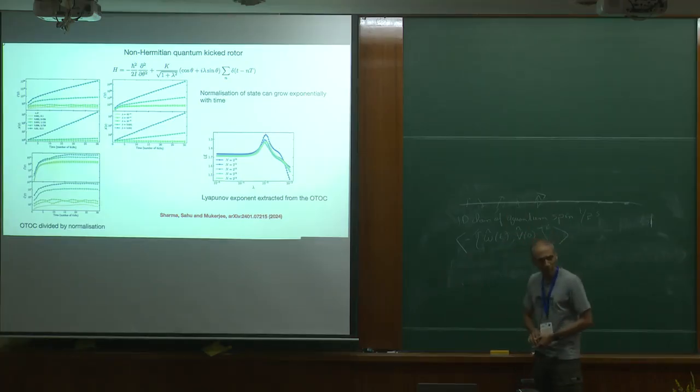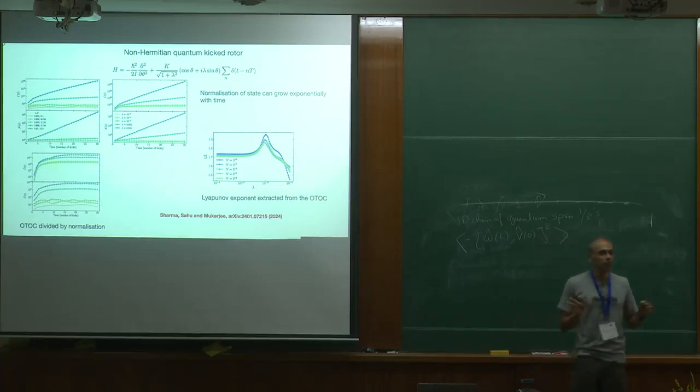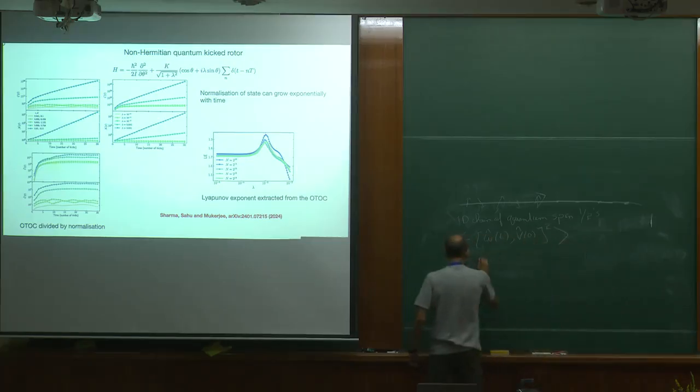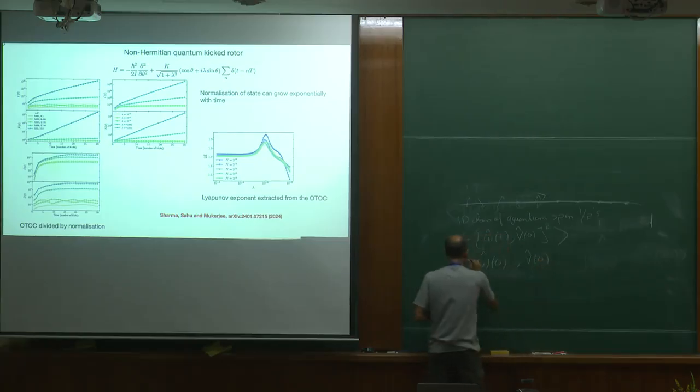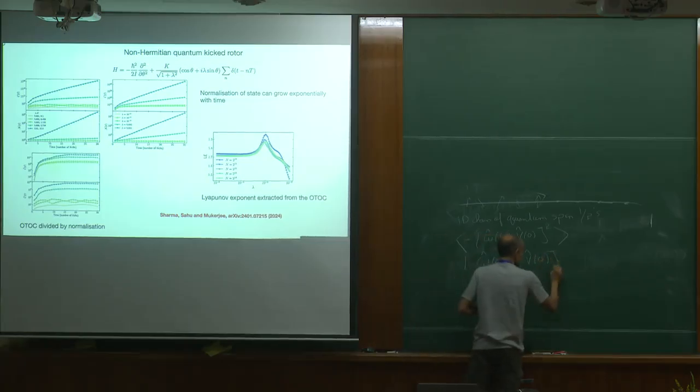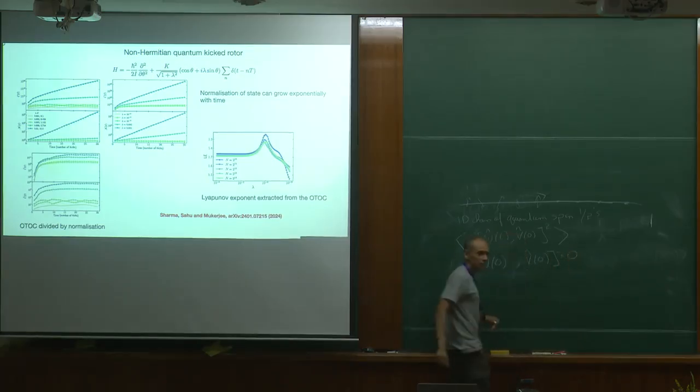The specific kind of combination that we're going to choose in order to look at the spatial spread of chaos is one in which w hat at time equal to 0, and of course v hat, in the OTOC in any case, is only at time equal to 0. So the initial values of these operators are such that the commutator between them is equal to 0.